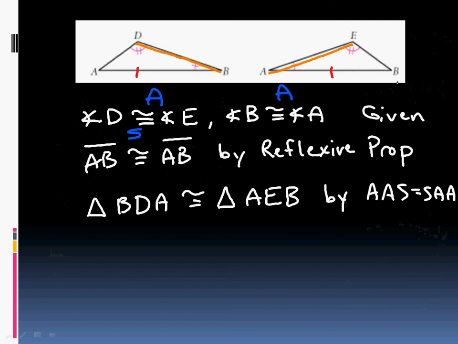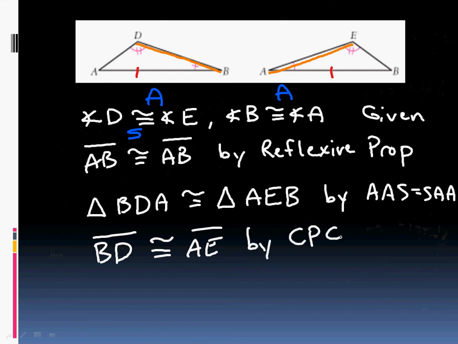In particular, I know now that BD, that segment, has got to be congruent to AE, that segment. And how do I know this? This is by CPCTC. By the fact that since the triangles are congruent, then corresponding parts have to be congruent too. And that is the entire paragraph proof.